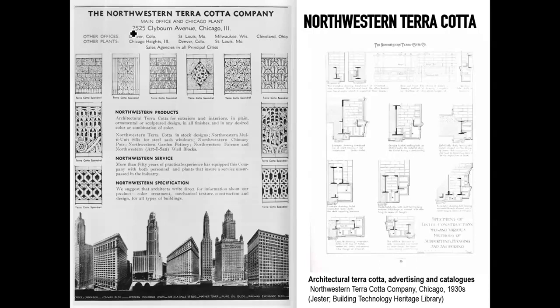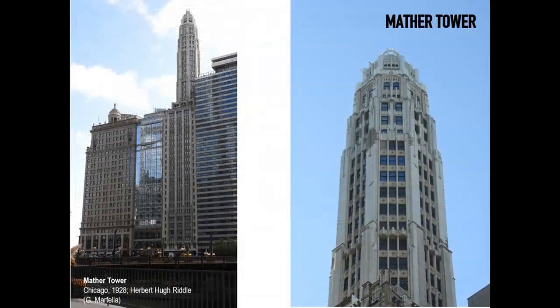So you can see here some projects, for example, completed by the Northwestern Terracotta Company in Chicago, and you can see a catalog here from the same company. And these are some of the buildings completed in those days.